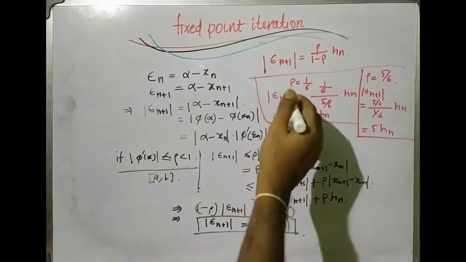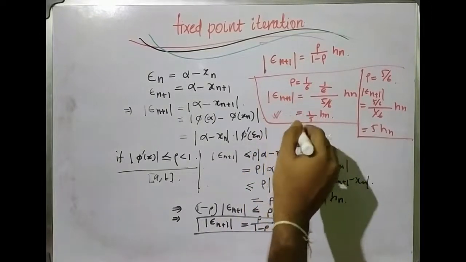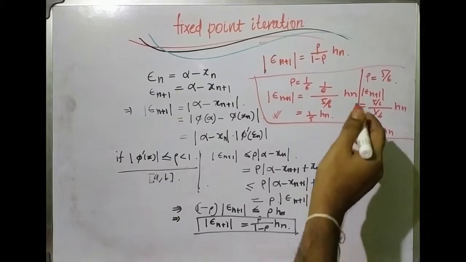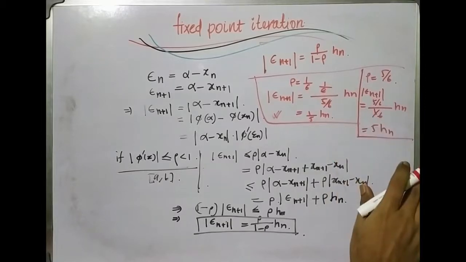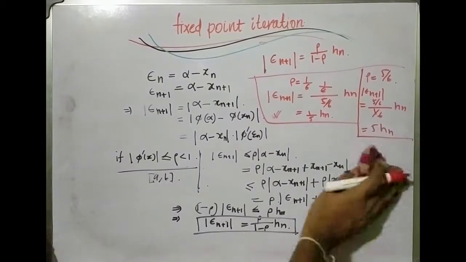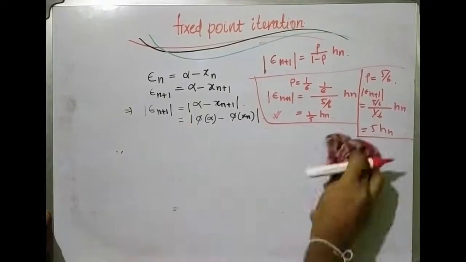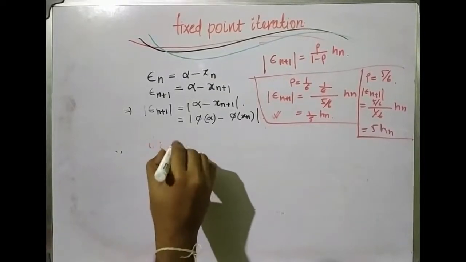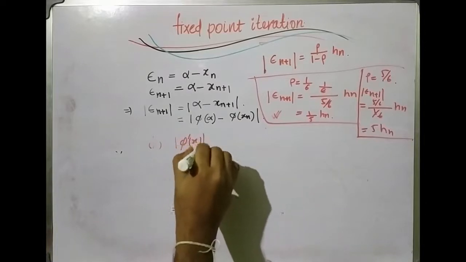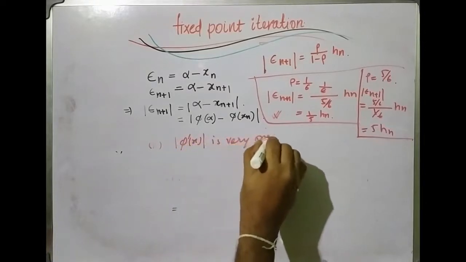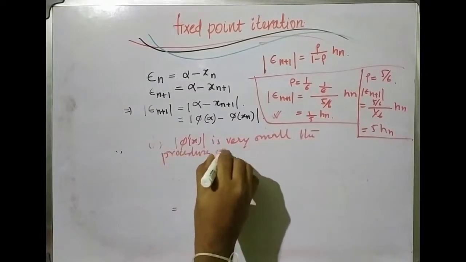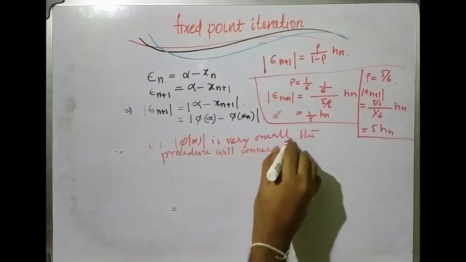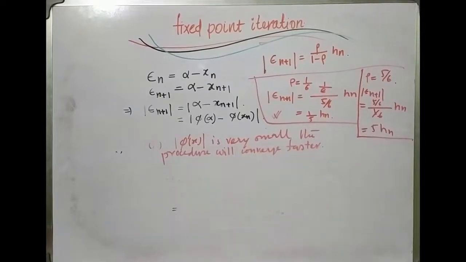So if rho is very small, then the procedure will converge faster, rather than if rho is nearly equal to 1, the procedure will not converge that fast. So our conclusion is that if mod of phi dash x is very small, the procedure will converge faster.